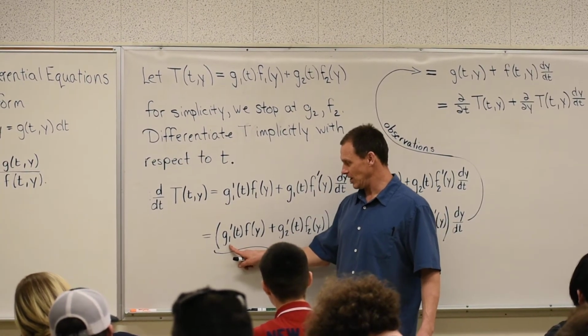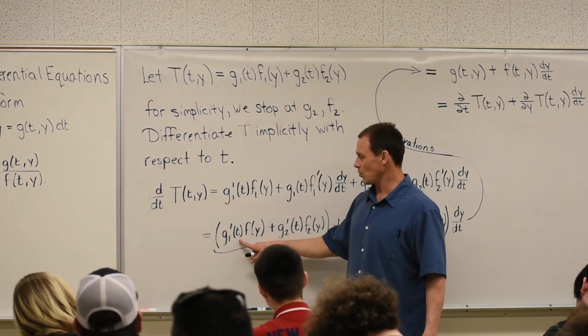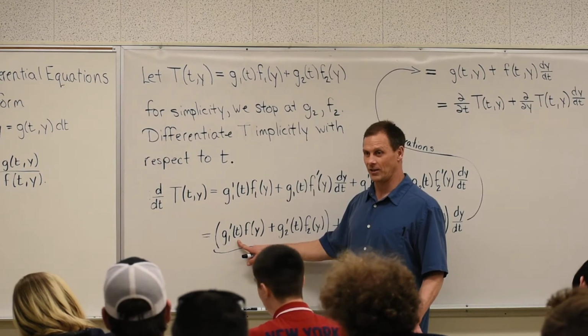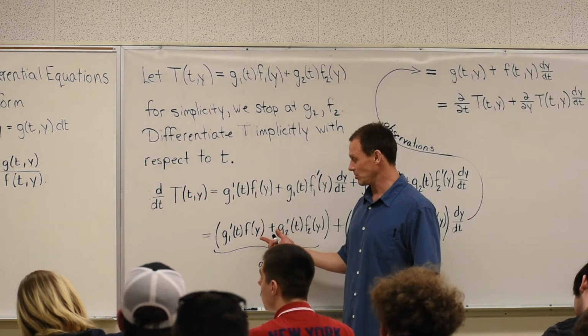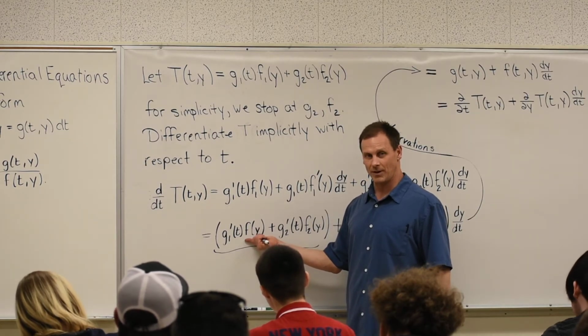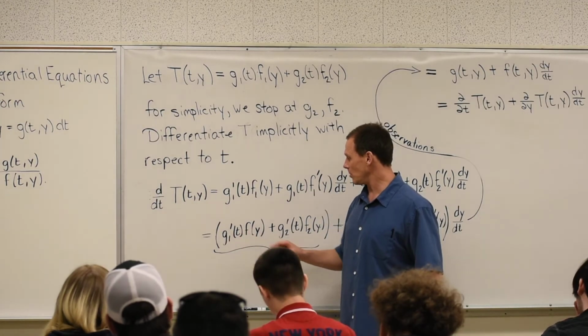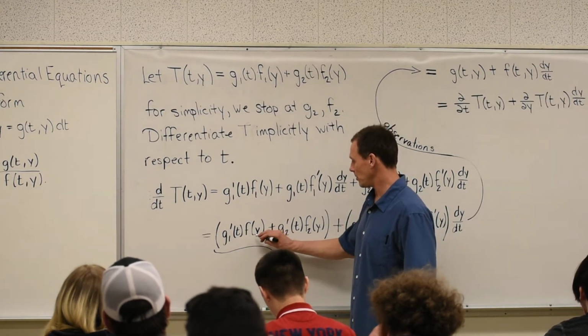So this is just a function of t. It doesn't change. And we're not even worried about t's. T's are being held constant, so we don't have to apply a chain rule here. We're just picking up the partials. So the only thing we have to take the derivative of is this y function. So this becomes g1. Oh, I forgot a 1.